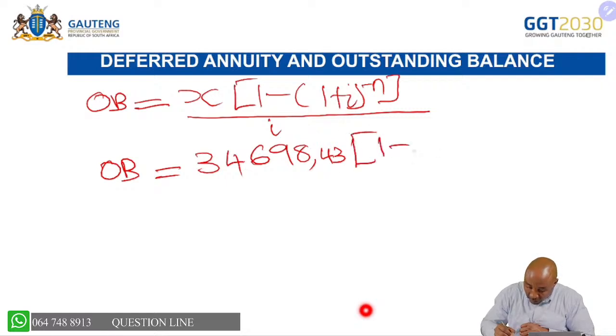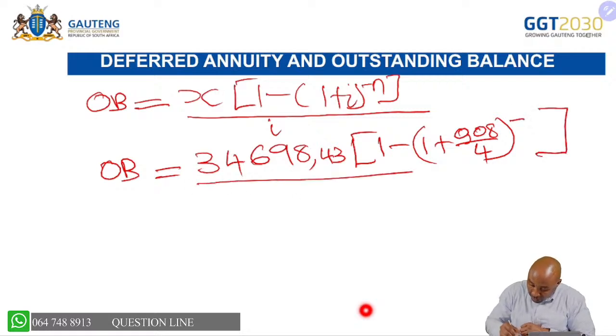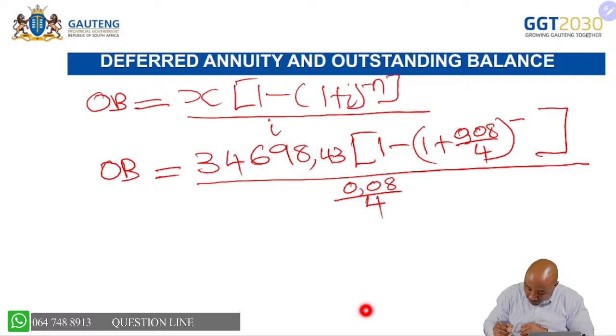Then we have 1 minus (1 plus 0.08 over 4), all this to the power negative n. I will not put n now. I want us to check what we'll put as our n, over 0.08 over 4.